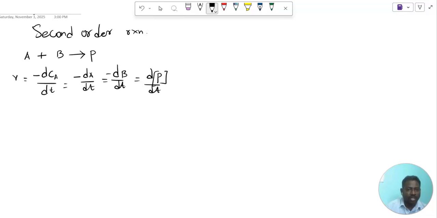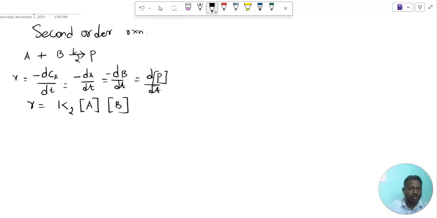Here it is the concentration of product. So applying the rate law, R is equal to k2, the rate constant. Since it is a second order reaction, the rate depends upon the concentration of reactant A as well as the concentration of reactant B.